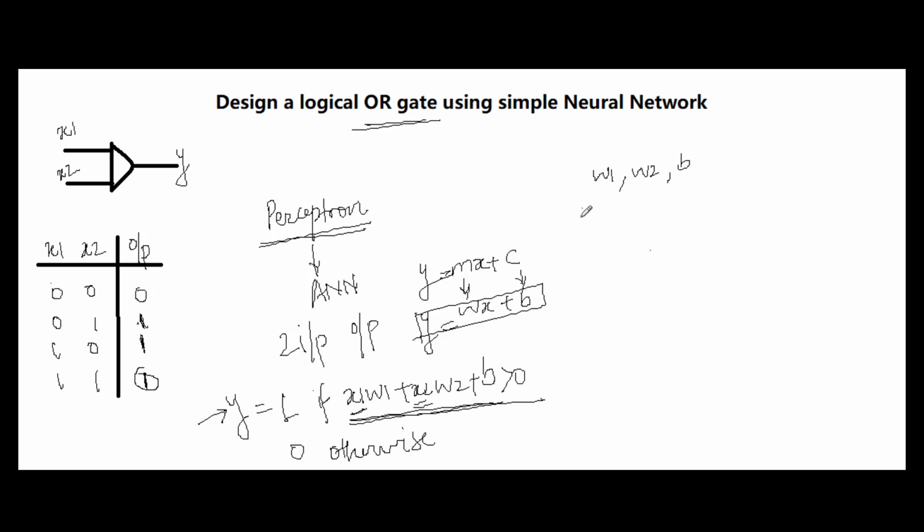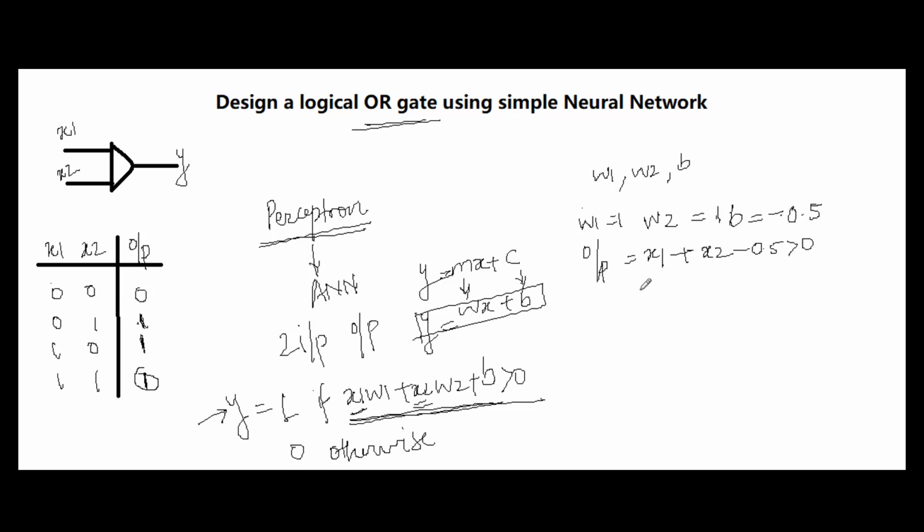Here I can set W1 as 1 and W2 as 1, but my bias I'll set as minus 0.5. Now when I set these values, my output will be x1 w1 is 1 plus x2 w2 is 1 minus 0.5, and this should be greater than 0 for my equation to be satisfied.